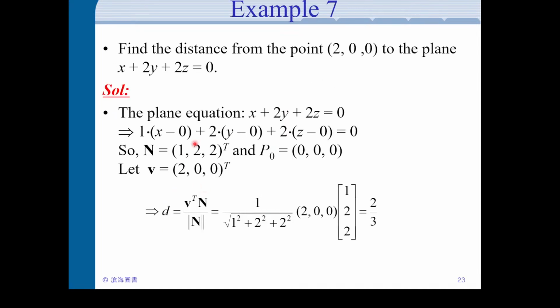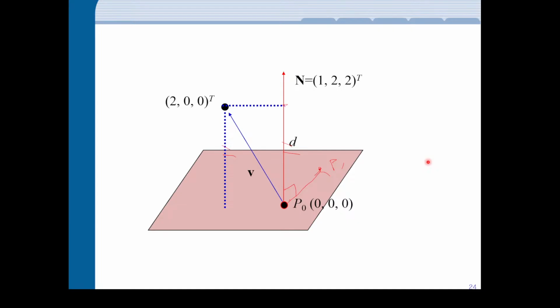Now we want the vector 2, 0, 0 to find its distance to this plane. Thinking about a little bit of geometry, we see that the distance to this plane that goes through 0, 0, 0 should be just the projection onto this normal vector, because this distance equals this distance.